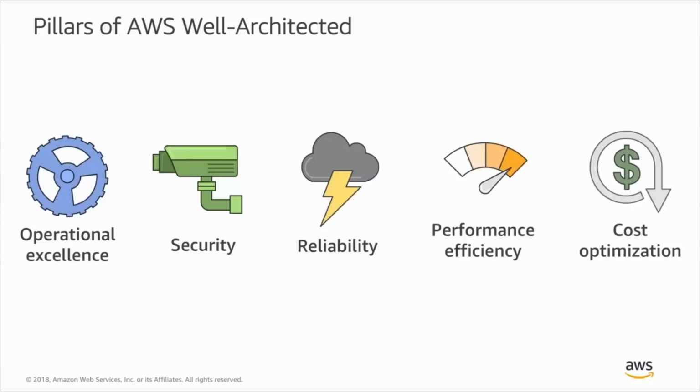SQL servers are also often the linchpin in your application, so you need to make sure they're efficient from a performance perspective. Otherwise, other parts of your application can slow down. They're also often the most expensive component of a Microsoft workload architecture, so we want to make sure we can cost optimize them.